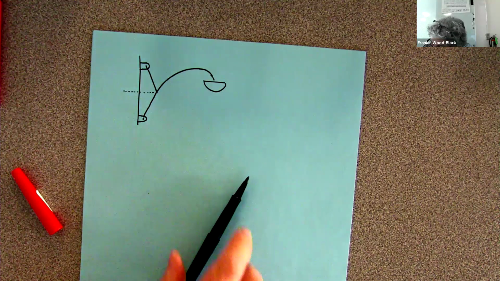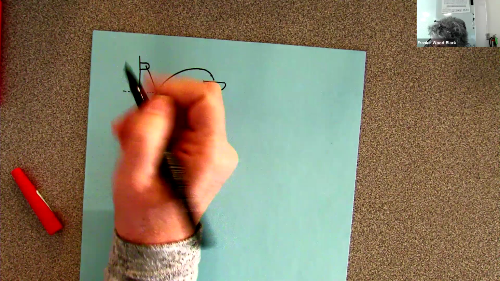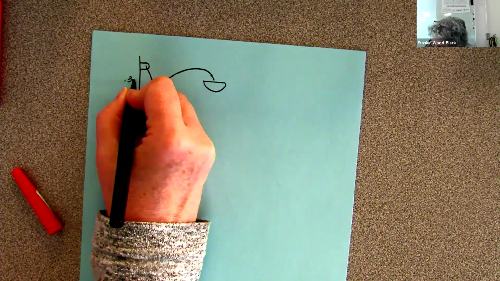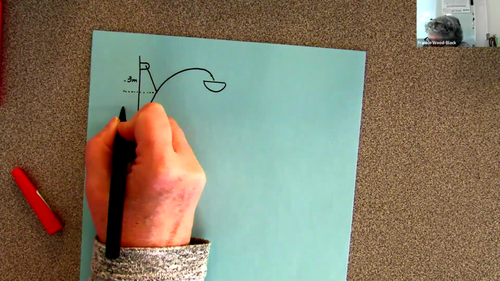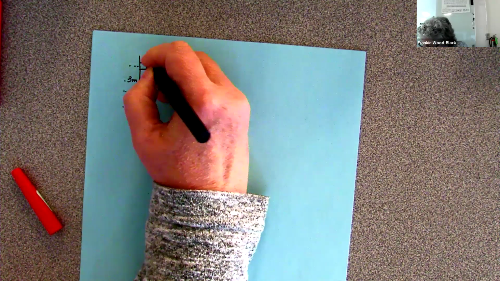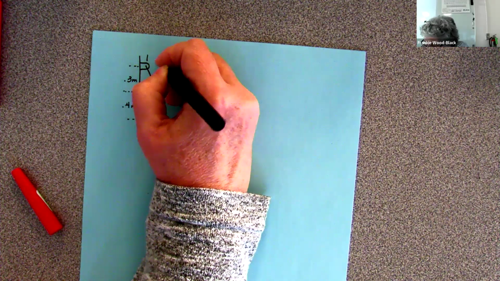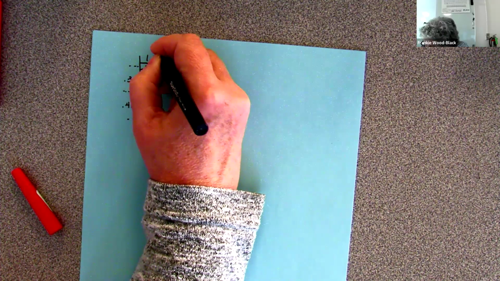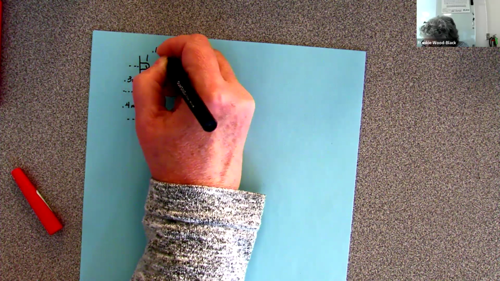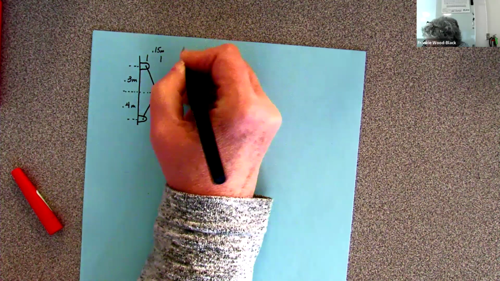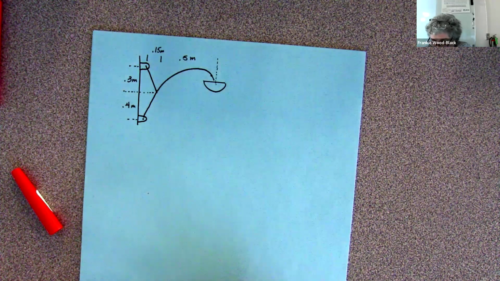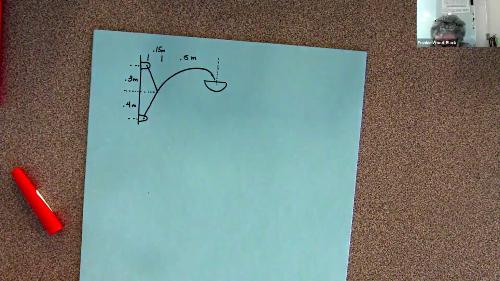We're told that this is 0.3 meters, and we're told that this is 0.4 meters. And we're told that this distance here is 0.15 meters, and then this distance here is 0.5 meters. Okay.